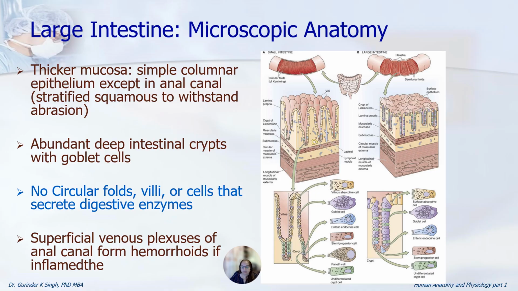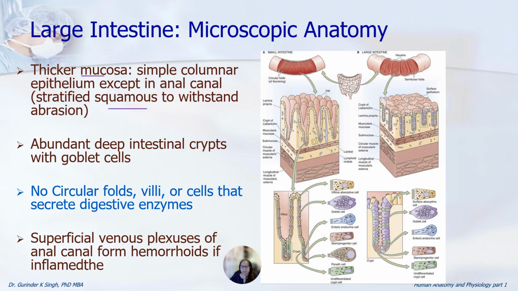Let's look at the microscopic anatomy of the large intestine. It does have thicker mucosa compared to the other, and it is lined with simple columnar epithelium cells, except in the anus region, where we have stratified squamous epithelium cells so that they can withstand abrasion.